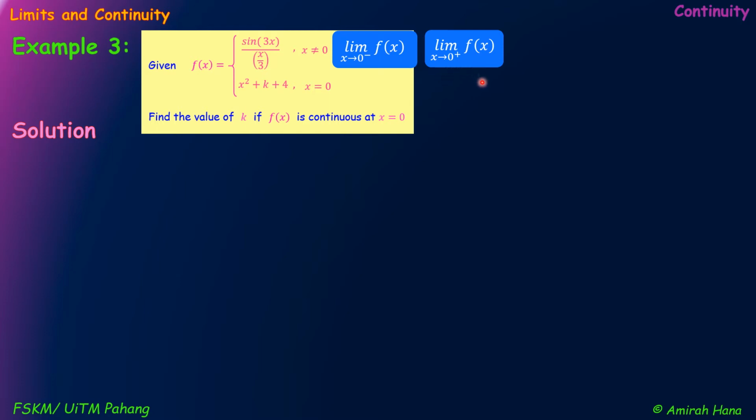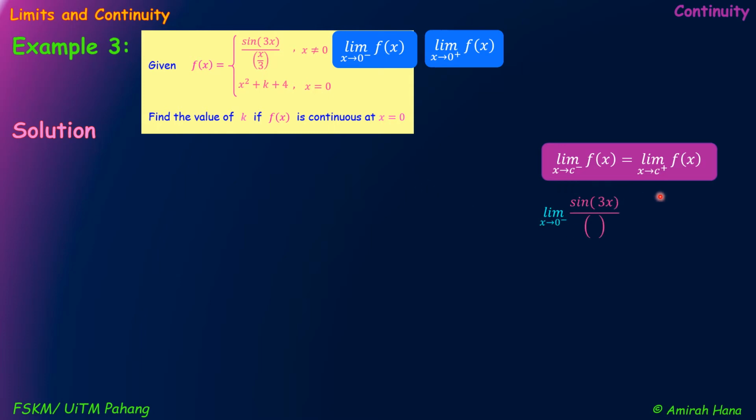We recall that if we want to find the value of a constant, we can jump to this formula. We don't need to follow all the three conditions like when we find the continuity. If we use this formula, since we use the same function for the limit from the left and the limit from the right, we will get this.